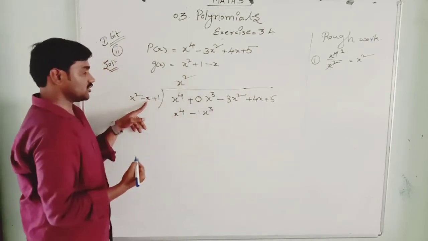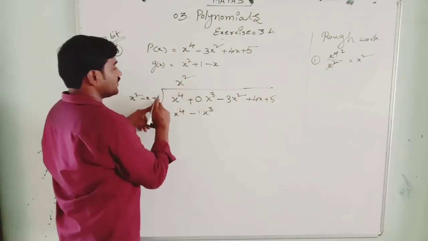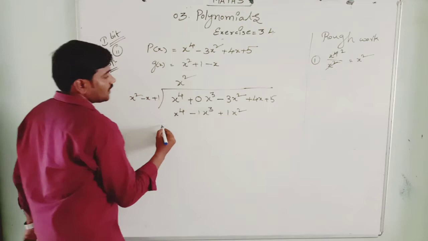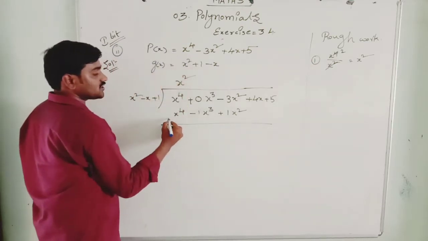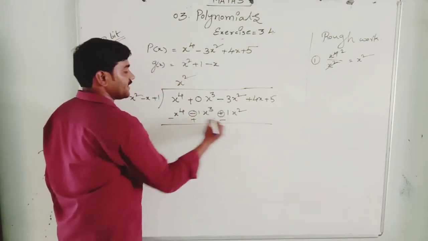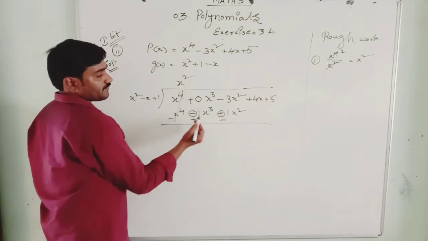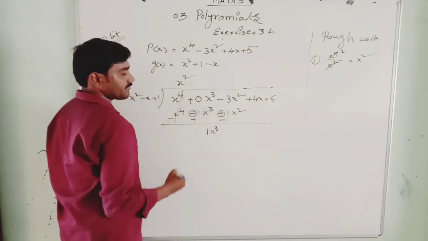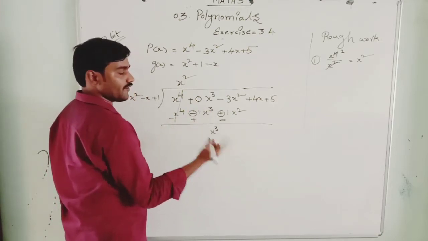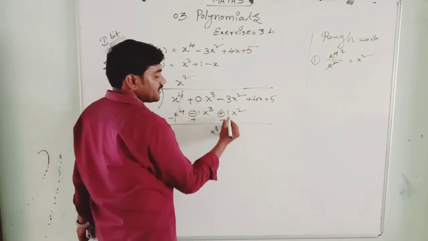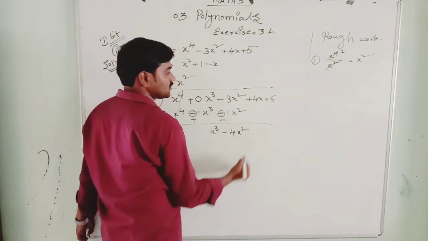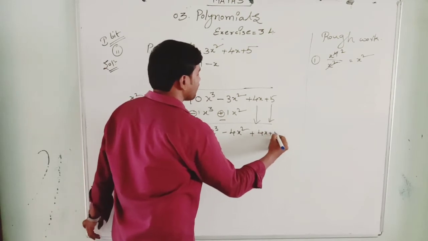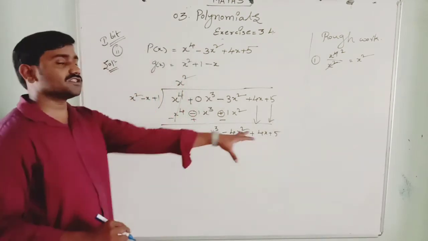Then x square into 1 is x square. Now the signs change and we cancel. 1 plus 0, that is 1x cube. Here minus 3 minus 1 is minus 4x square, and we bring these two terms, plus 4x plus 5. Now again the process continues.